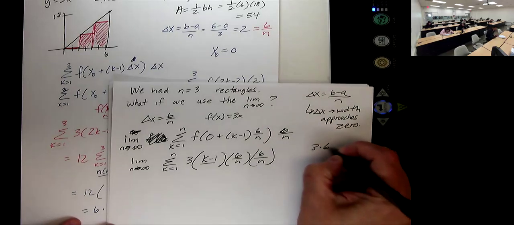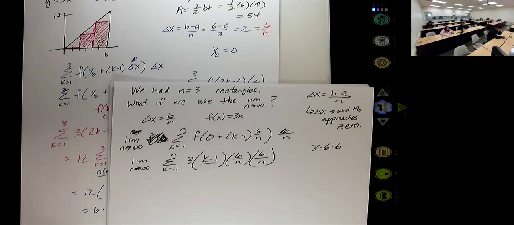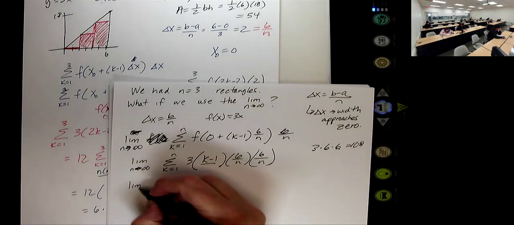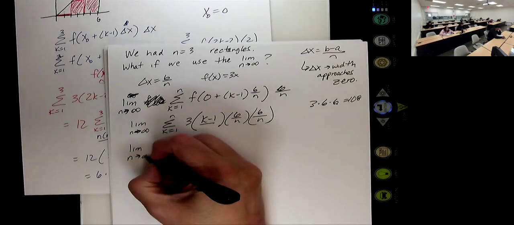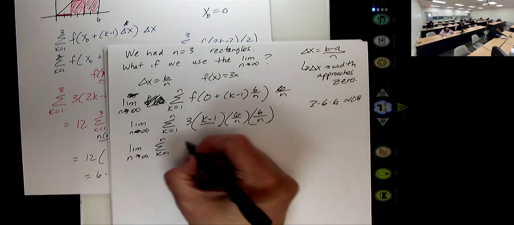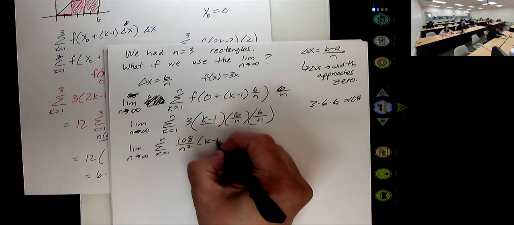Three times 6 is 108. Alright. So this has limit as n goes to infinity, k equals 1 to n, I have 108 over n squared times k minus 1.